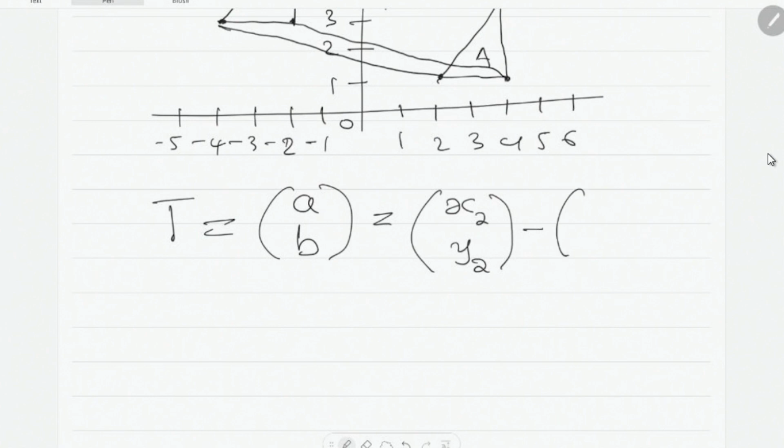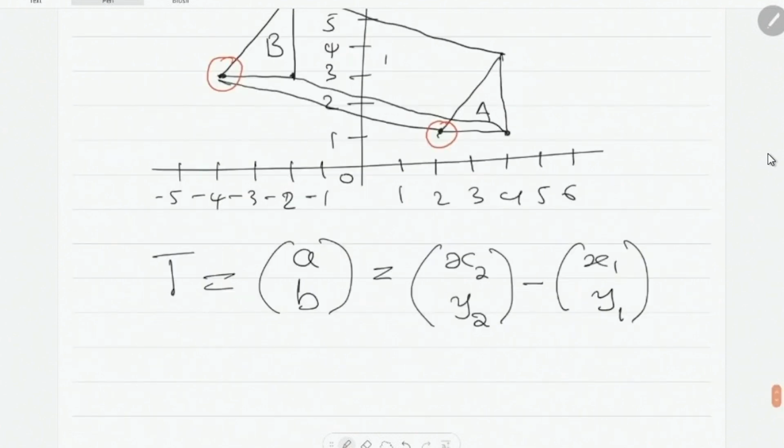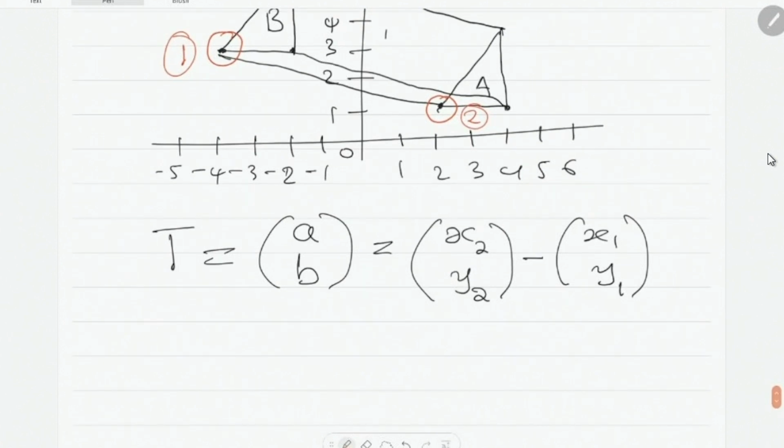So let me pick 2 points. Let me use a different color there. From the object, I will use this point and that point. So this is point number 1, and I'll call that point number 2. Okay? So this is the corresponding point from the image and object. So to find the translation vector there, AB will be equal to, now the point on the image is negative 4, 3.